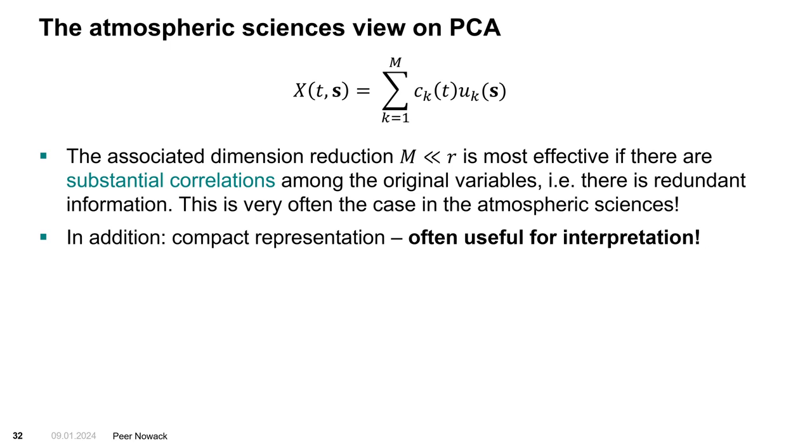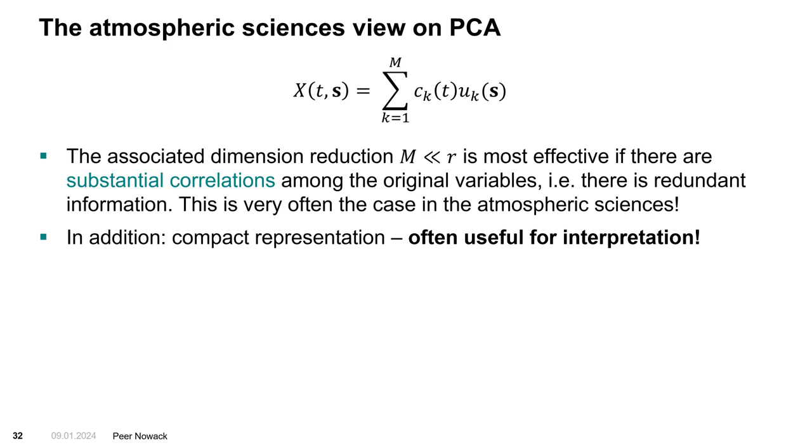And clearly this approach can only be useful if we could, for example, approximate the system due to substantial correlations across those features, let's say different grid points, so that you can reduce dimensions or represent the variance in the system by a much smaller number of retained components, or principal components, M, that could be much lower than the rank of the original data matrix.